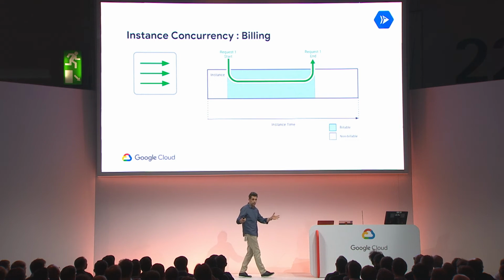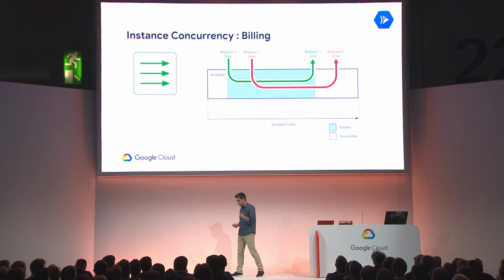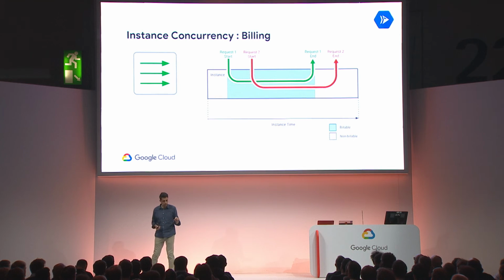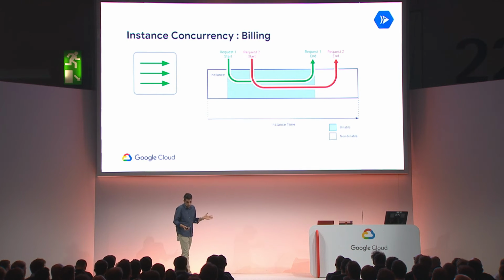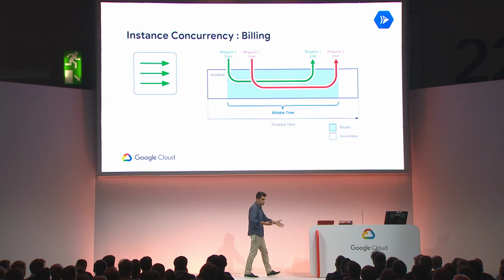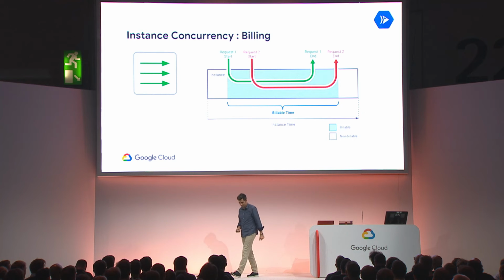You don't pay for the instance lifetime because it lives longer. In a concurrent case, for example in Cloud Run, another request might come in halfway through. Well, it's pretty simple. All we do is say, well, the billable time is the time between the start of the first request and the end of the last request. It's not that complicated, really.